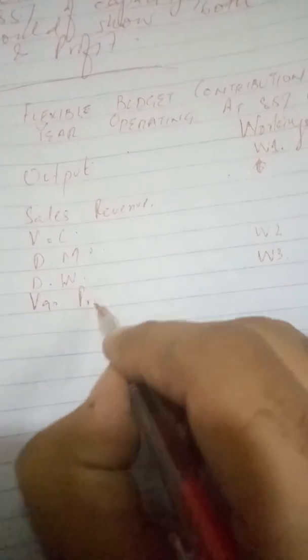And now is the variable production overhead. So this is working 4.